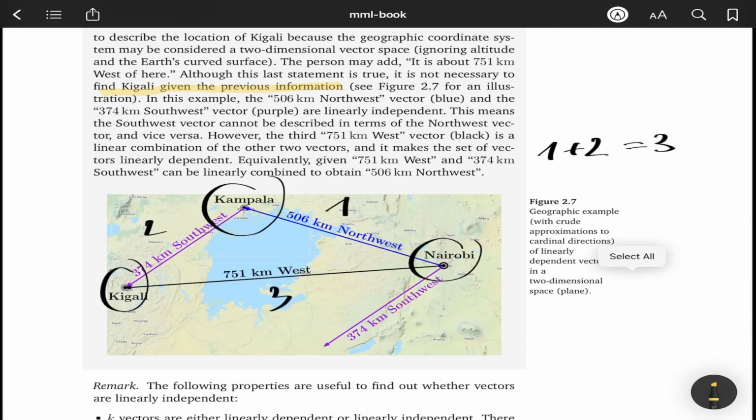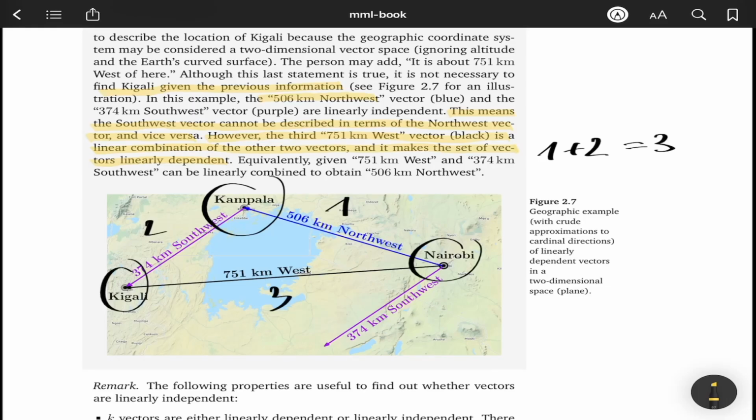In this example, 506 kilometers northwest, the blue one, and the purple one are linearly independent. This means the southwest vector cannot be described in terms of the northwest vector and vice versa. However, the third vector is a linear combination of the two vectors, and it makes the set of vectors linearly dependent.